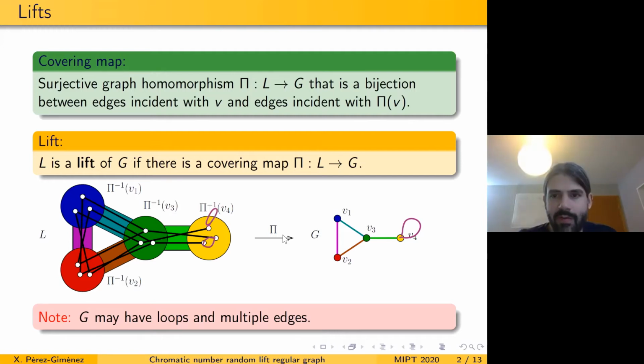There's also a notion of a half loop, which you can think of as a pendant edge. It's like a loop that only contributes 1 to the degree, while normal loops contribute 2 to the degree.